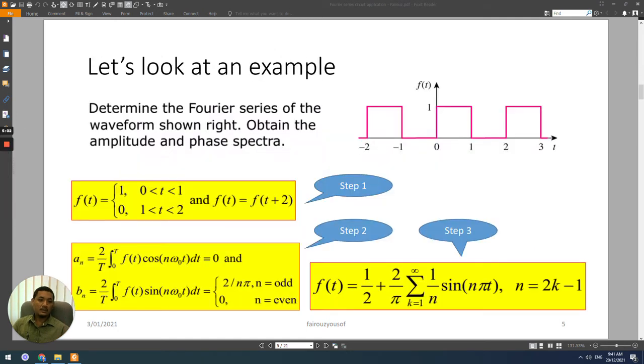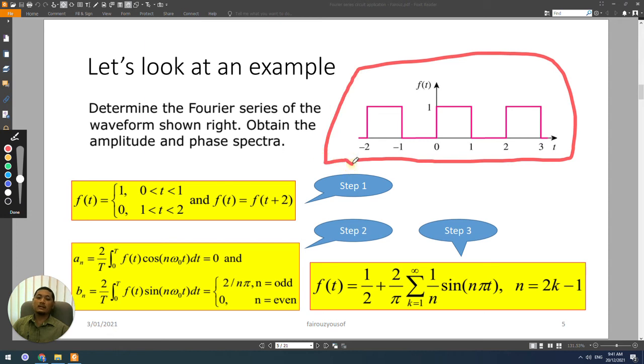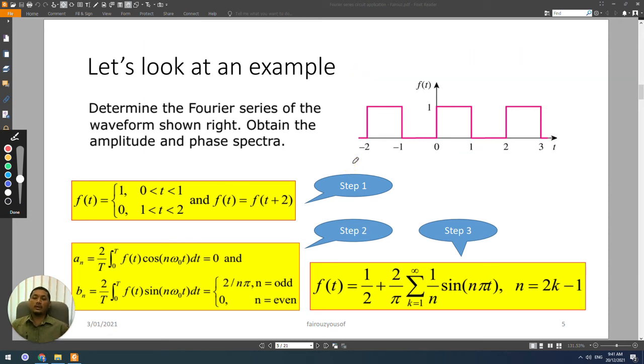Let's look at an example. So here we have a waveform. Let's say this is the input voltage or supply voltage of a circuit.